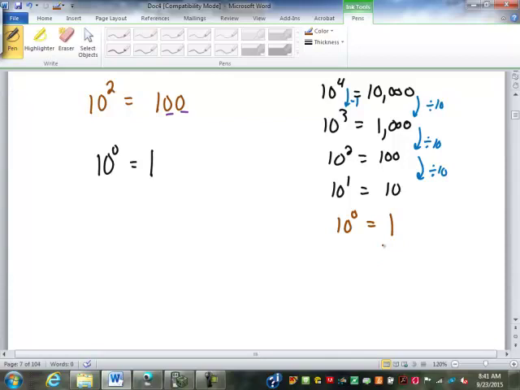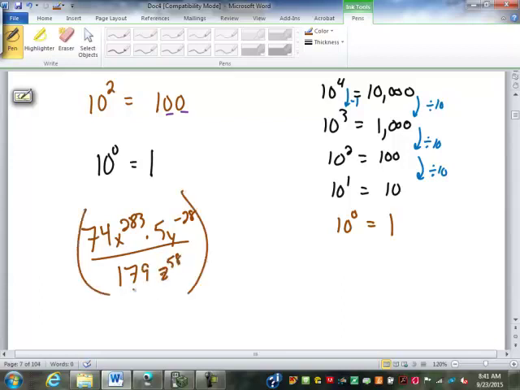Remember that. I could give you some really nasty problems. What's that have to equal? 1. It's the power of 0. Anything to the power of 0 is 1.